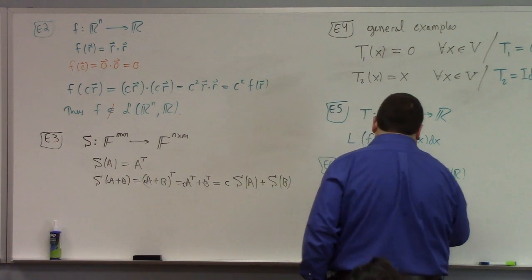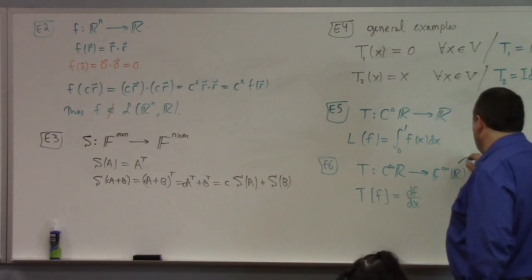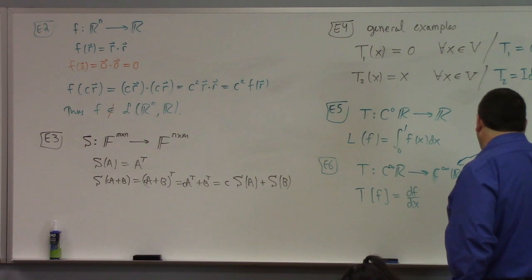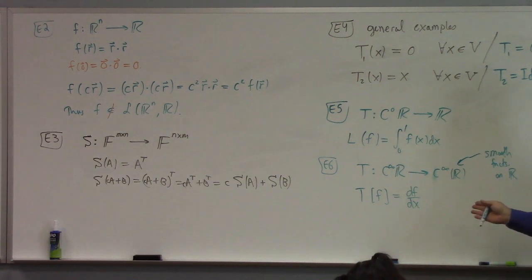I'll tell you, C infinity R is the set of smooth functions on R, right? If I take the derivative of a smooth function, I get another smooth function. The derivative of the sum is the sum of the derivatives, and you can pull a constant out, right? So that's a linear transformation.